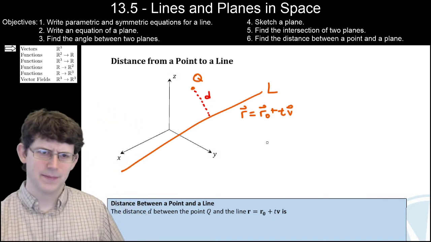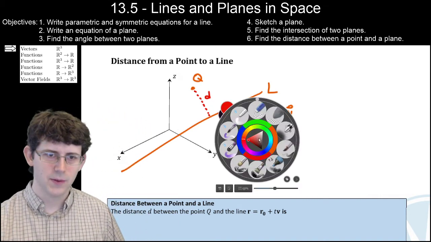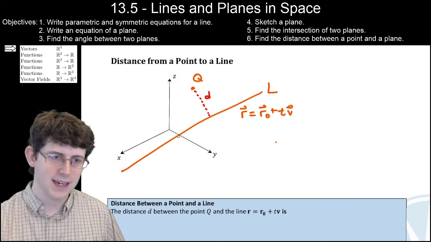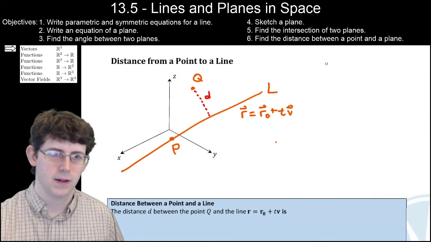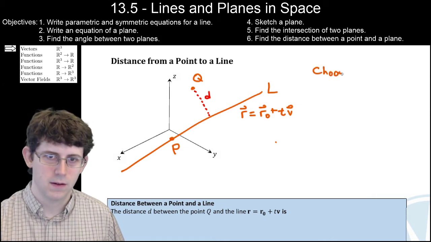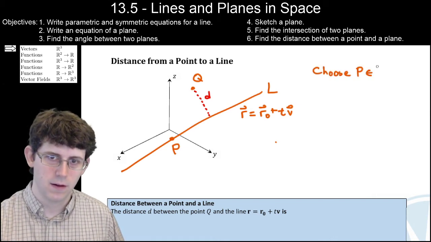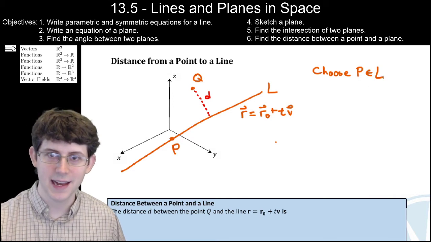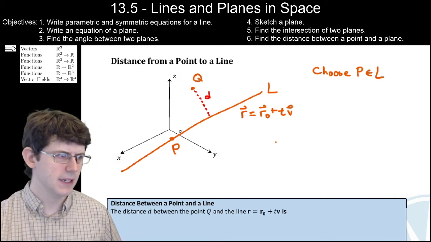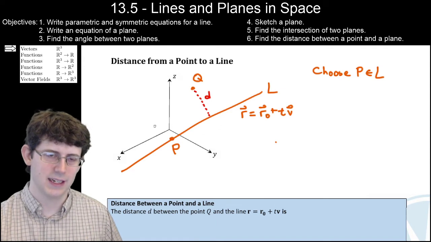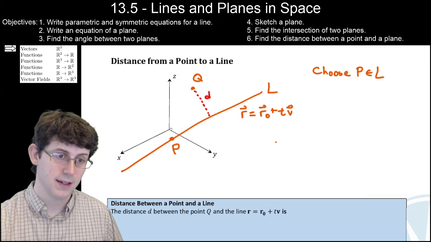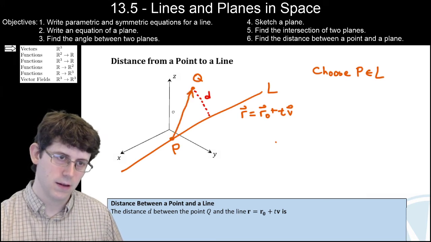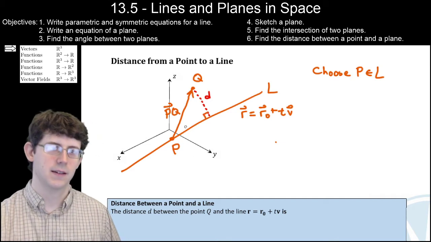Okay, what can I possibly do? Well, what you do is you take a point on the line, any point on the line, say call it P. This is choose P in the line. And then you go, okay, well, using any point on the line, I can draw a right triangle on the picture. Here's the vector PQ, and here's a right triangle.